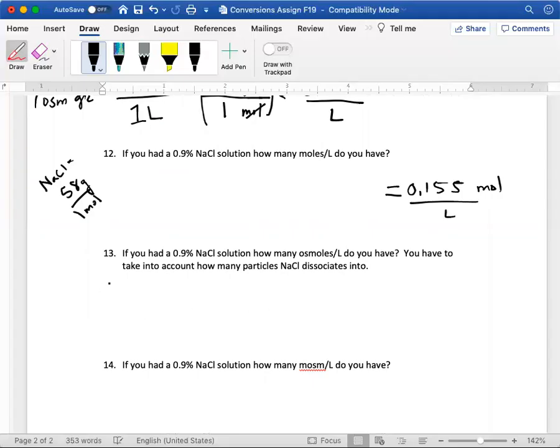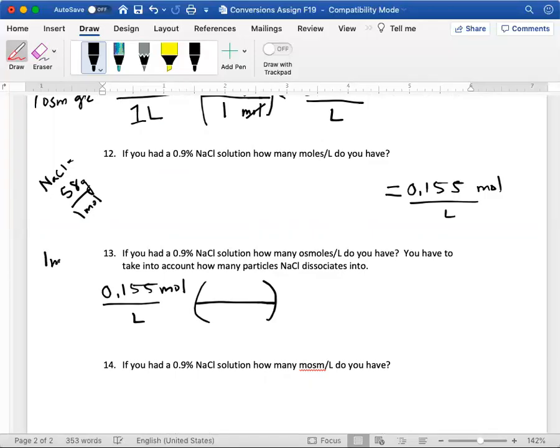And so if we have 0.155 moles per liter, and we're converting it to osmoles, NaCl, how many osmoles does NaCl, or how many ions does NaCl break up into? Right, let's try that.